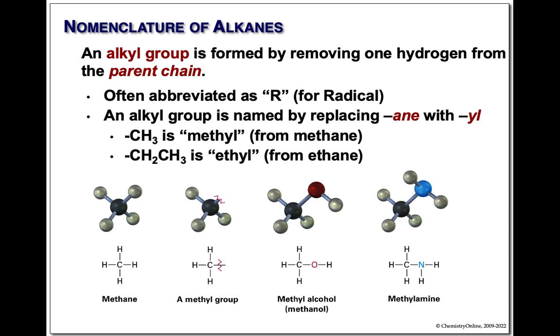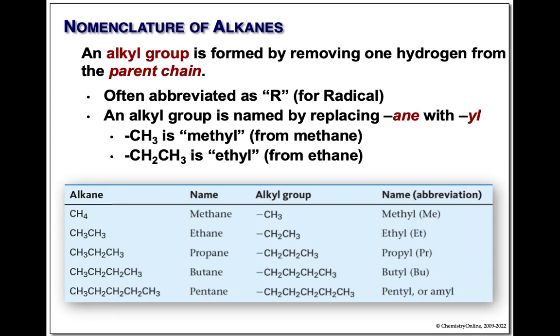An example, if we put an OH out here, this is methyl alcohol. Put an NH2 here, this is methylamine. Meth, again, tells us the number of carbons in our longest chain. So one more time, meth 1, eth 2, prop 3, but 4, and pent 5.